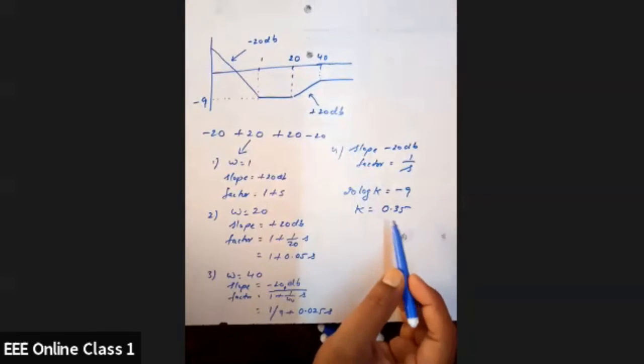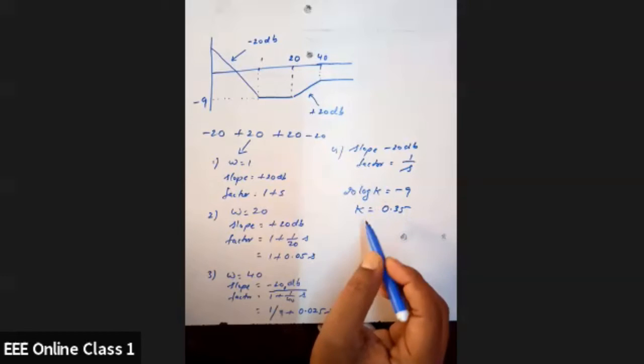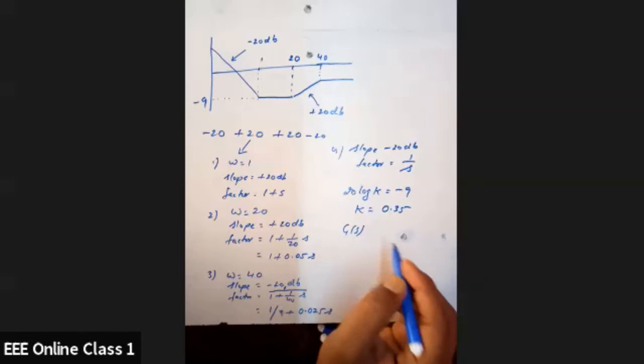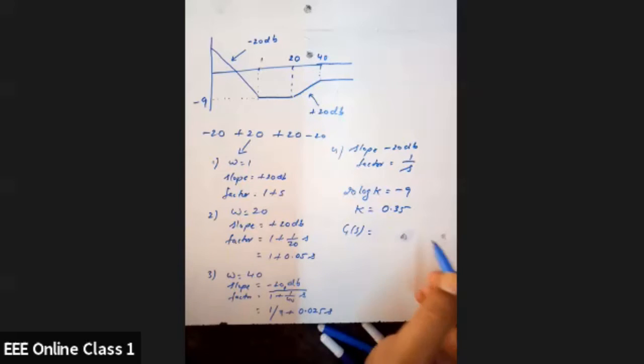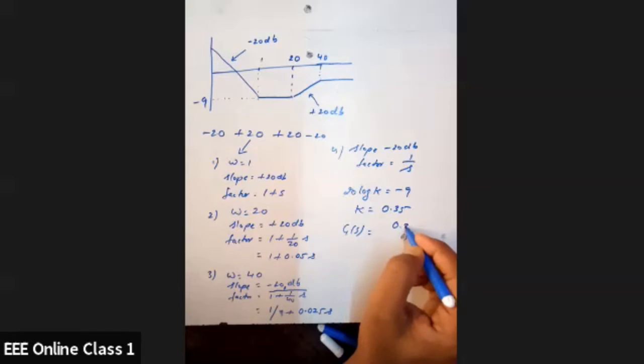And let us now write the transfer function. So we can write the transfer function: k is 0.35.